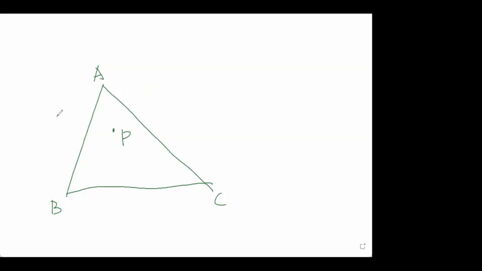But today we'll go through a better proof.